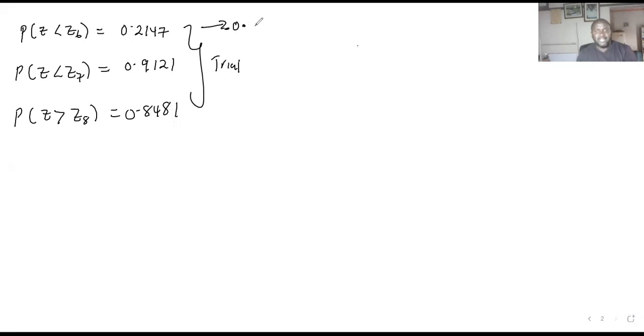Put it in a calculator and see the answer you get using P. Using P, what answer do you get? I'm getting 0.21447. Now you put P and use 0.790.